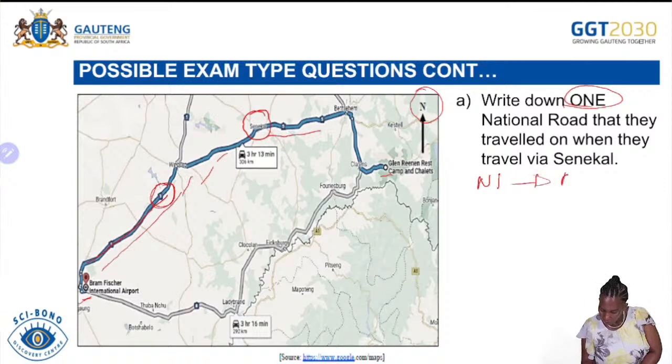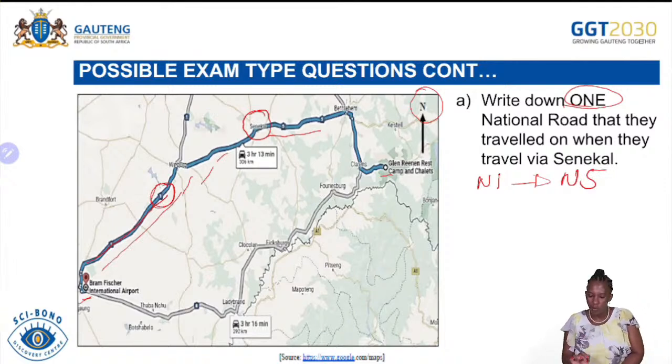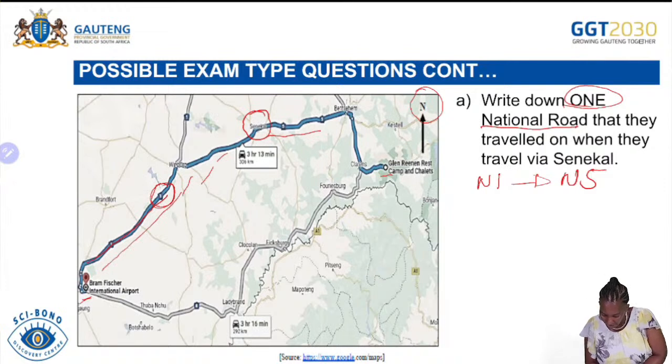From N1 to N5. These are the two national routes that they use, but what does the question require? The question says write down one national road that they traveled on when they travel via Senegal. So meaning via Senegal. Here's Senegal via the N5.